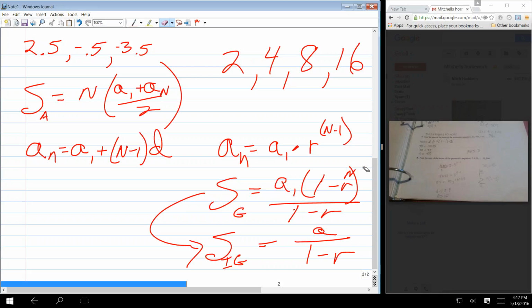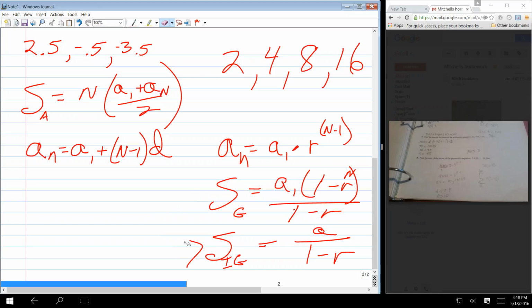Now, I still wonder why that turns into a over 1 minus r. In other words, this is a limit problem.